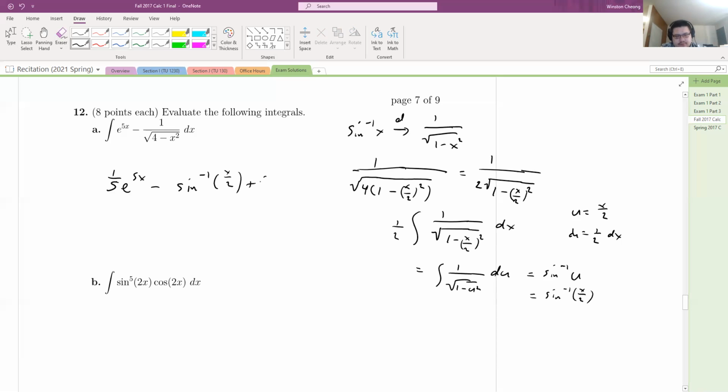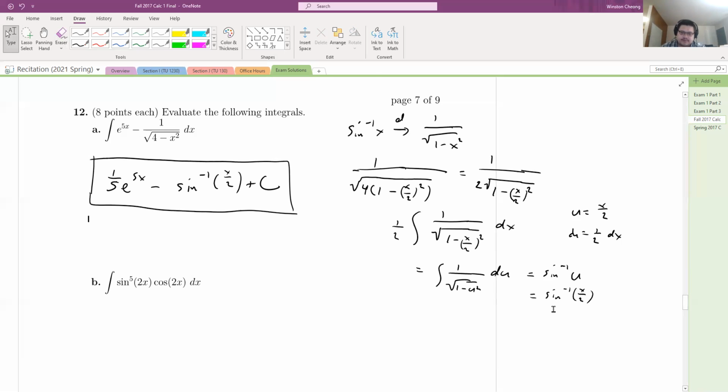And so we can finally write down the answer completely. There we go. So inverse sine behaves like this, whereas inverse tangent, I guess, is the one that has the 1 over the number in front.